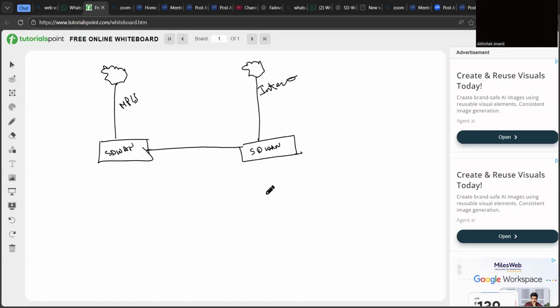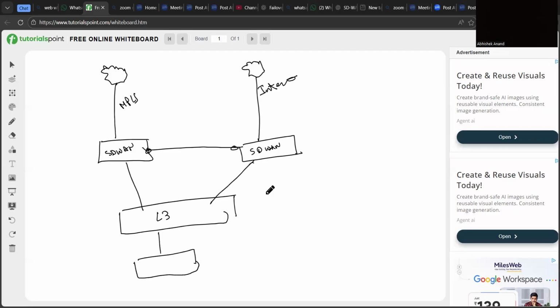And we have two sub-interfaces on this box, one for MPLS, one for internet. On the LAN side, we have L3 switches. It can be L2, but we have to run HSRP, right? And below we have L2 switches, right? So what I was talking about before, that everything up to this box is totally non-SD-WAN, a non-SD-WAN device, not router, sorry.